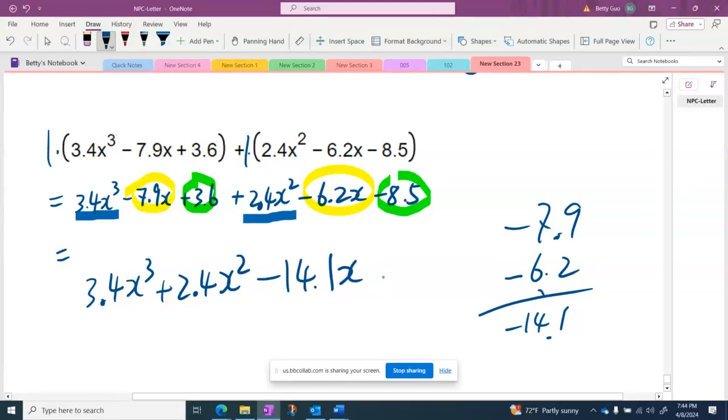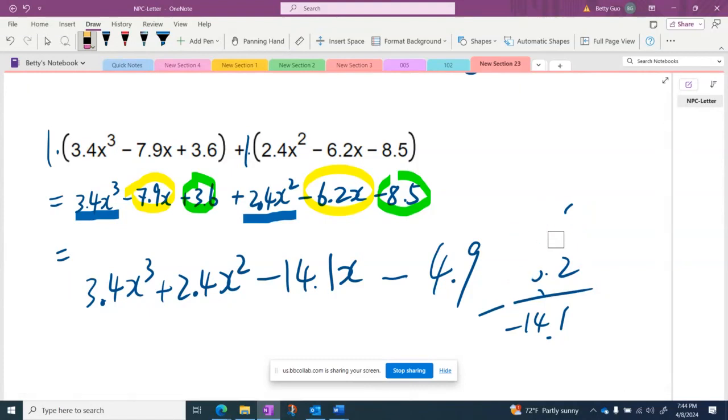x. And the green circle, 3.6 minus 8.5. Use your calculator. We're going to have 4.9. All right? Yeah, that's your answer. Be very careful. Since it's very long, I'm not going to plug in the system.